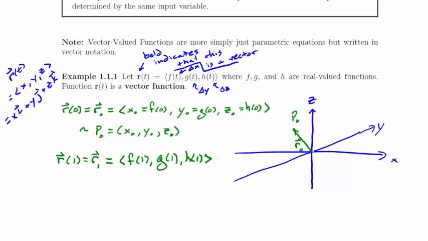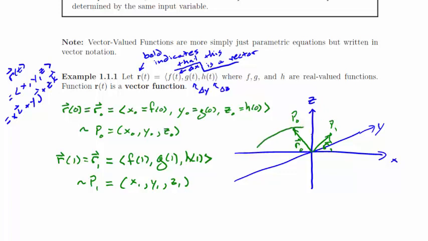And say this vector is here. We will really think of this as corresponding to the point p sub 1, which equals x sub 1, y sub 1, z sub 1. And we could keep doing this for different t values.